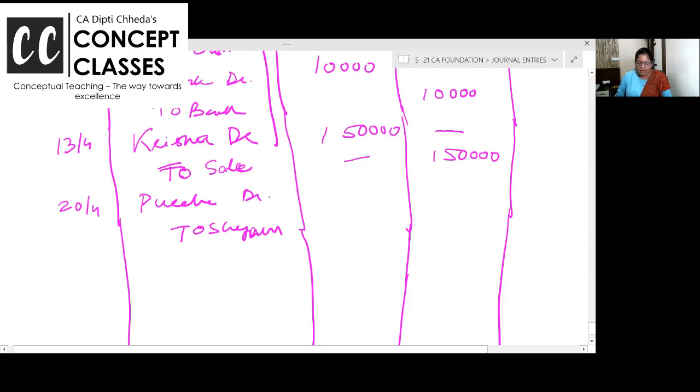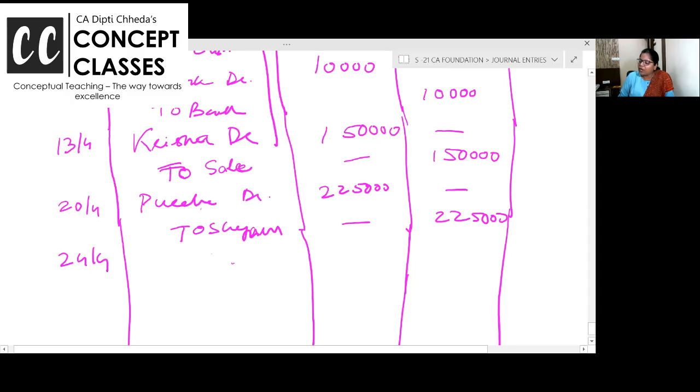How much have you purchased the goods from Shyam? 2,25,000. So why is purchase debited? Stock is coming in. Debit what comes in. And why is Shyam credited? Personal account. He is a giver. So purchase to Shyam. If it is purchase in cash, purchase to cash. If payment is by cheque, purchase to bank. Done.